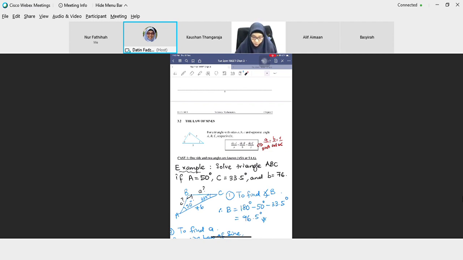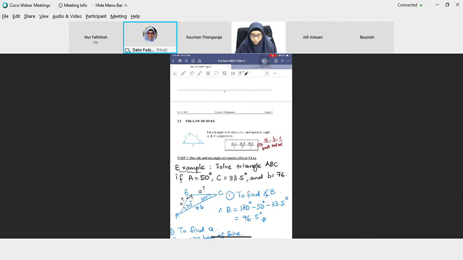You can also use the form a over sine A equals b over sine B equals c over sine C. Either one doesn't matter; you can use them interchangeably.